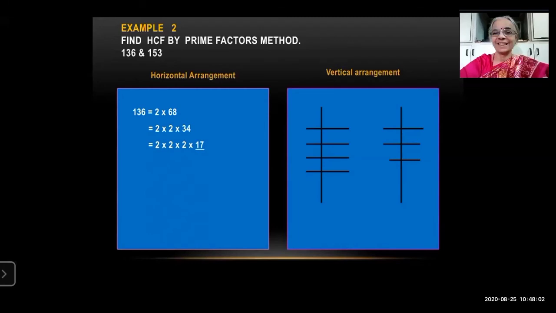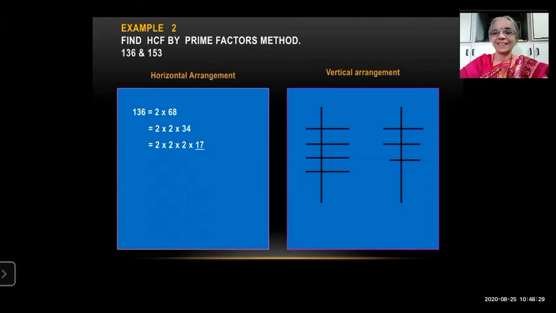So, the next step is 2 into 2 into 2 into 17. 17 is a prime number. Also 2 is a prime number. So, factorizing 136 is now over. Now, I should factorize 153.